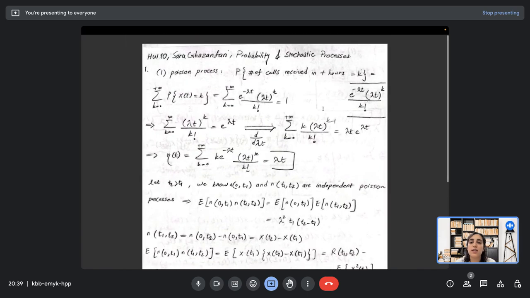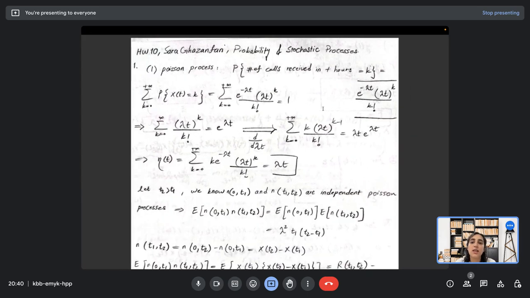So the Poisson process is the probability of the number of calls, for example, received in t hours. So we have x, which is the number of calls, and we have t.